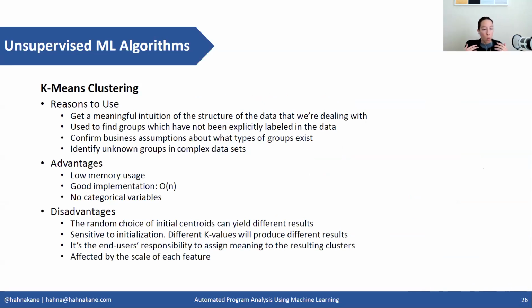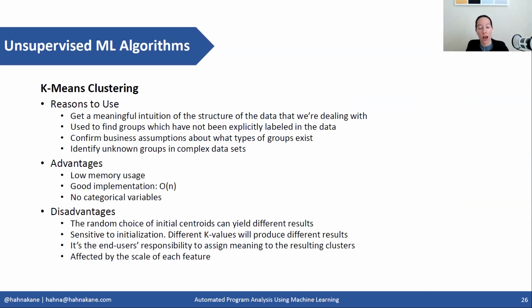So why would we want to use k-means clustering? You're going to get meaningful intuition of the structure of the data that you're dealing with. It's very useful for finding groups that haven't been explicitly labeled in your data. It can help confirm business assumptions about what types of groups exist.